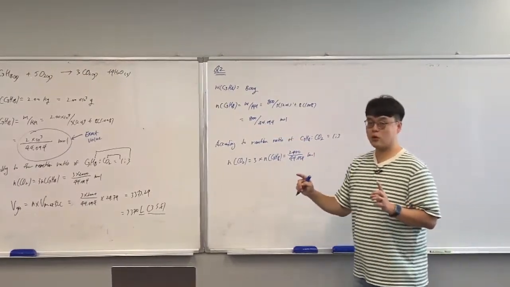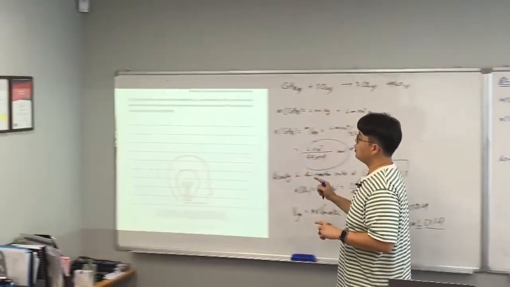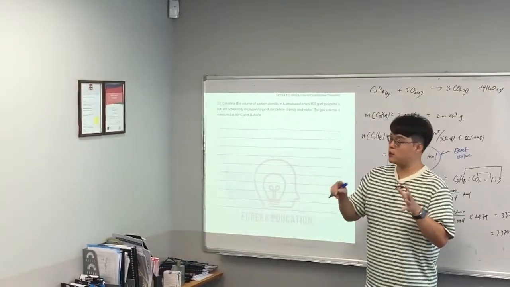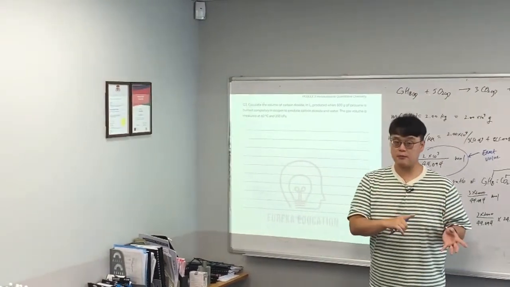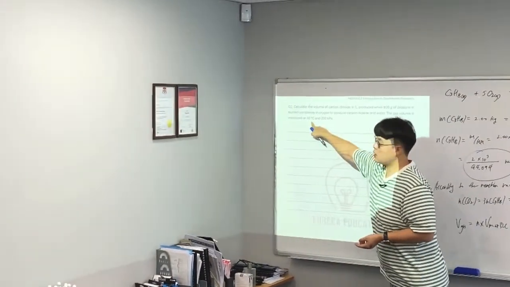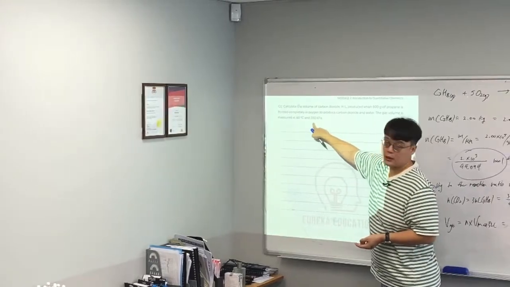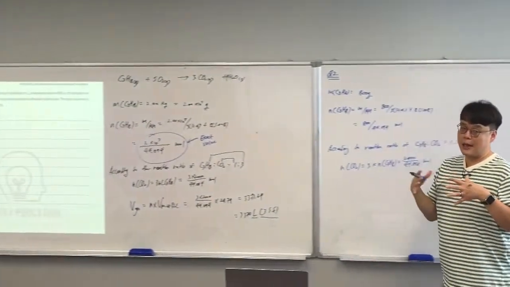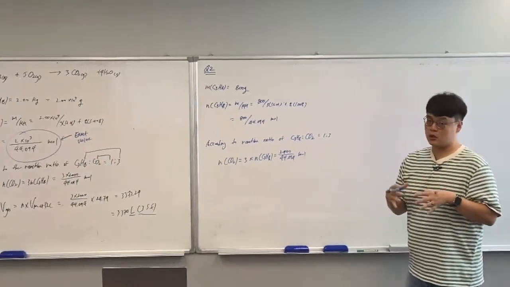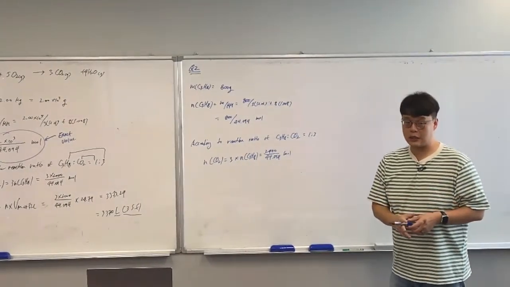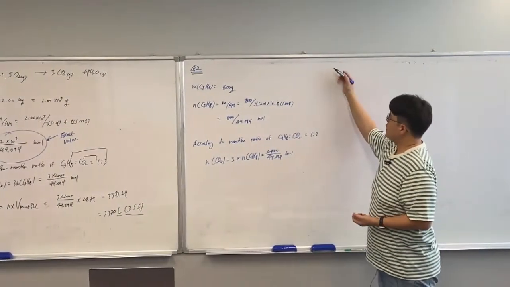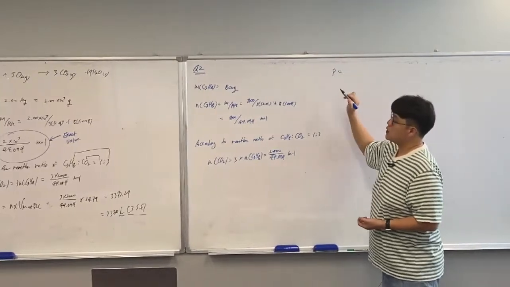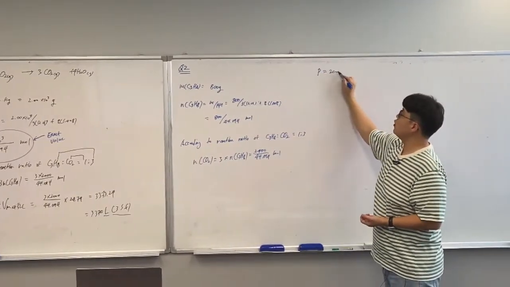But what you have to notice from question 2 is, you're not given the situation of SLC or STP. Instead, you're given 60 degrees Celsius and 200 kilopascal. In that case, it is not a standard lab condition anymore. So it means that you need to use the ideal gas law. So let's write it down, the pressure that you're given is 200 kilopascal.